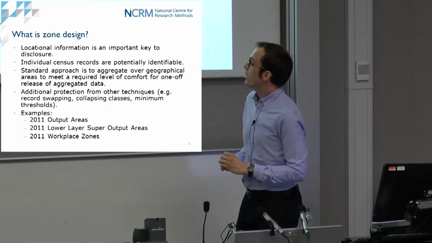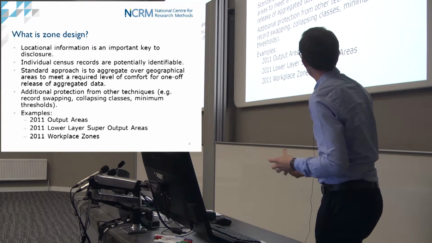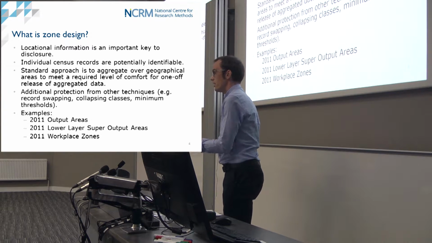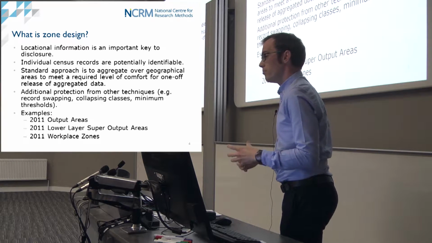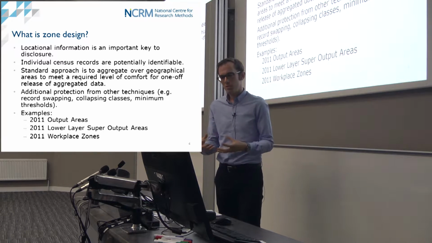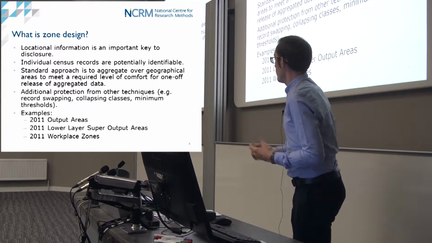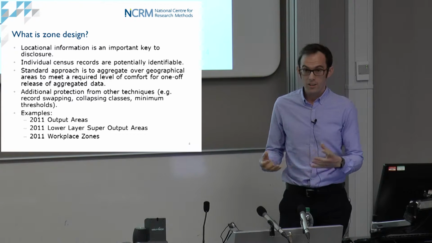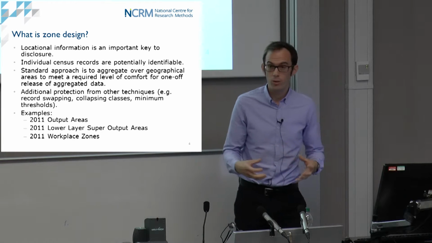And at the same time, we need to think about disclosure, so the protection of individual identities. And of course, with something like the census, there's that potential to identify individual records. And with individual locations comes that risk of identification of individuals. So we can think about different options to protect those identities, where the standard approach is often just to aggregate over different geographical areas.